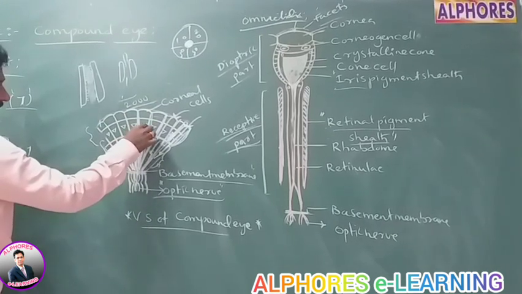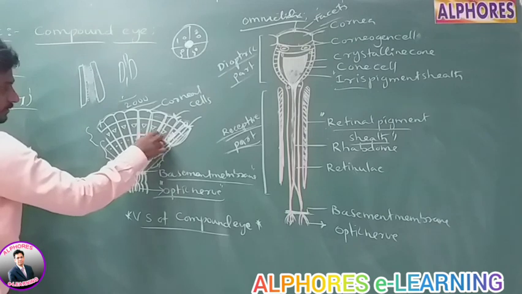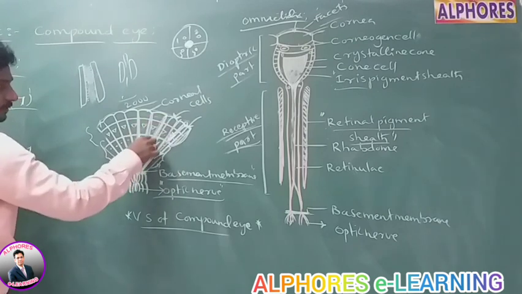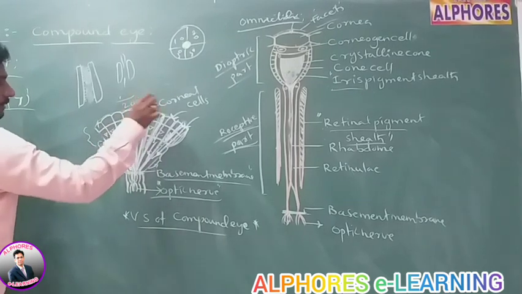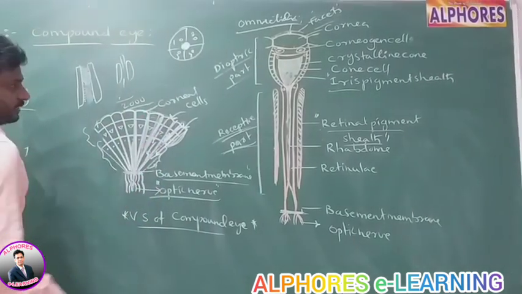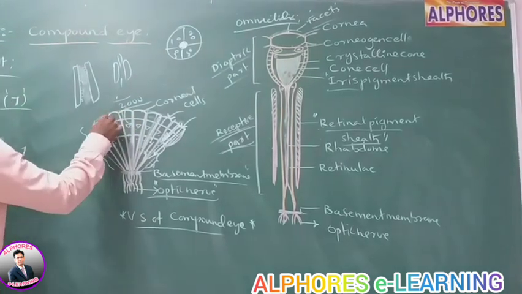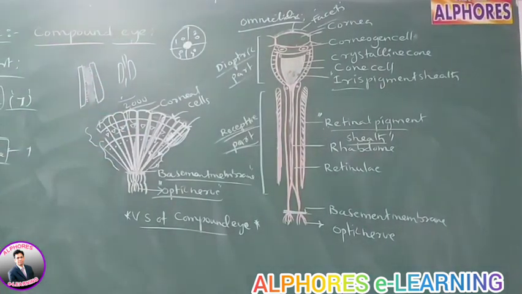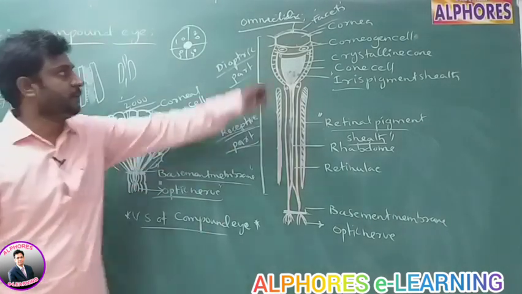This ommatidium is separated from this ommatidium. So ommatidia are separated by sheaths, called the retinal pigment sheath and iris pigment sheath, that prevent the entry of light from adjacent ommatidia. That means one ommatidium receives the light which is coming from its own cornea.